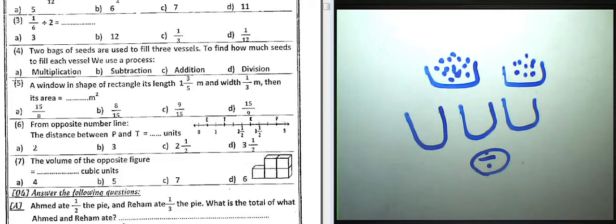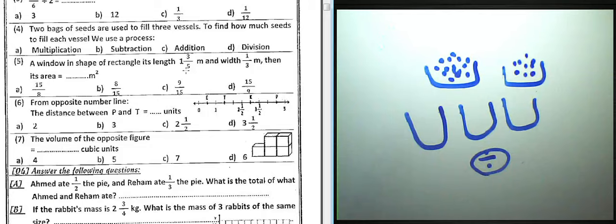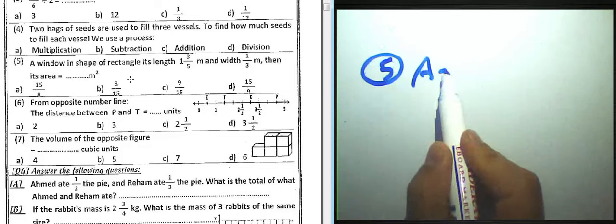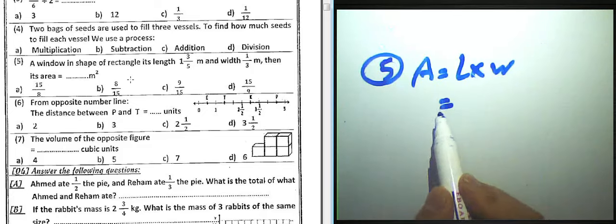Question number 5. A window in a chair rectangle has length 1 and 3 over 5 meters and width 1 over 3 meters, then its area equals. We can find the area of a rectangle by length multiplied by width.